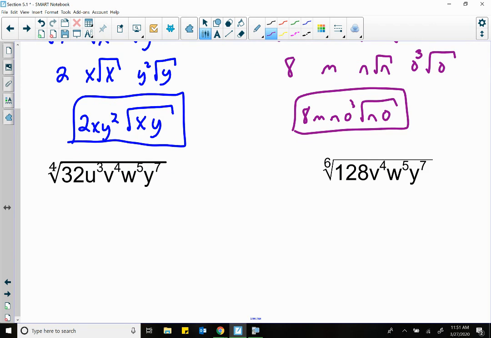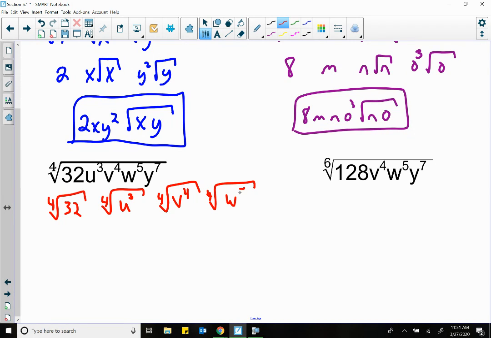Scrolling on down. So if we break this guy up, 4th root of 32, 4th root of u to the 3rd, 4th root of v to the 4th, 4th root of w to the 5th, 4th root of y to the 7th.